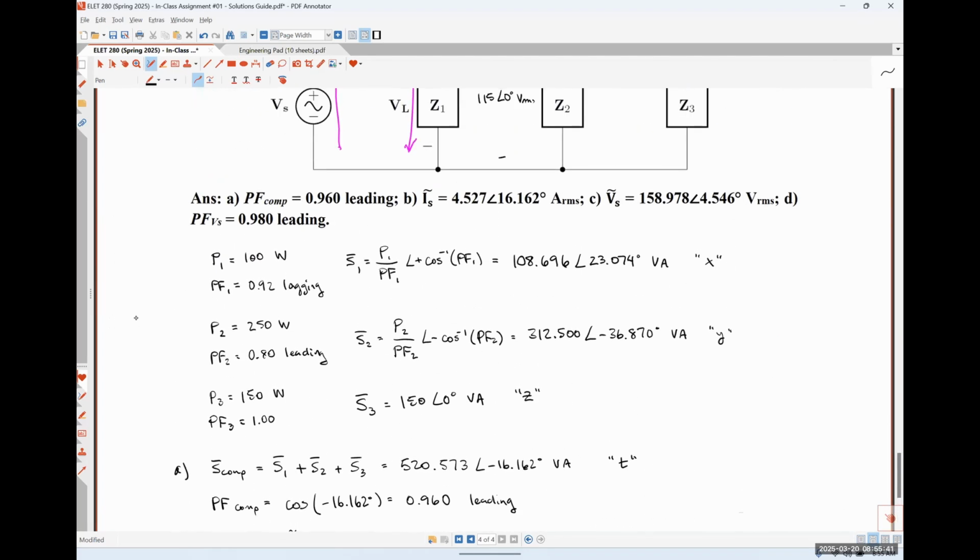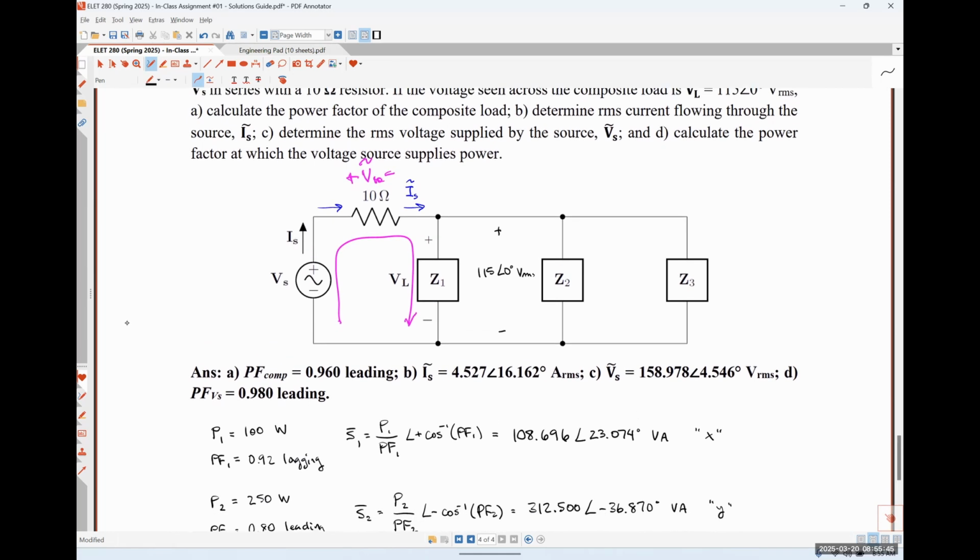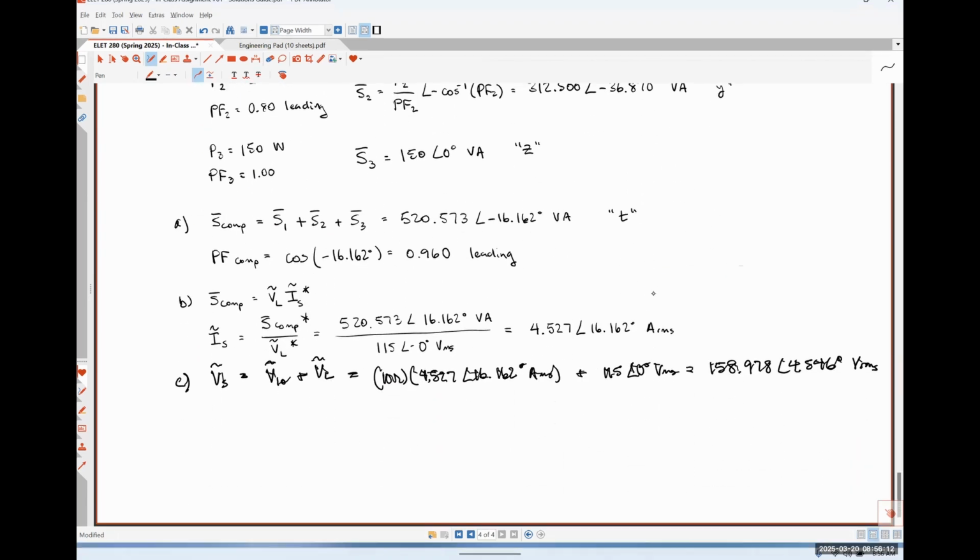The last thing that we are asked to determine is the power factor at which our voltage source is supplying power. Okay. So we now know our source voltage, VS, we just solved for it. We know our source current from part B. And so now we're just going to calculate the complex power for the whole system, and then use that information to find our power factor, right?